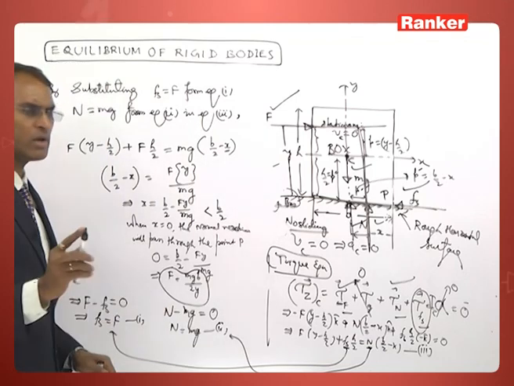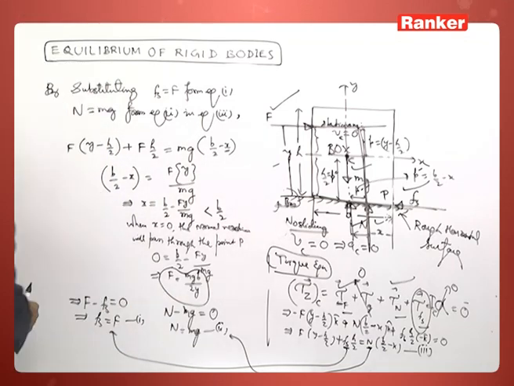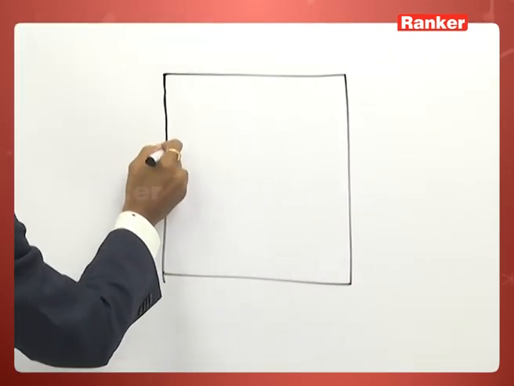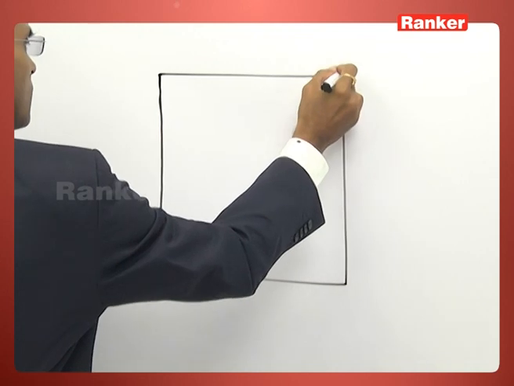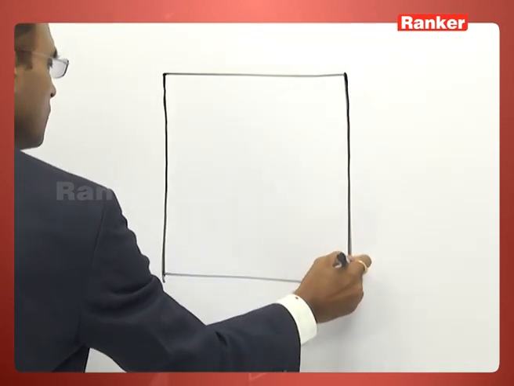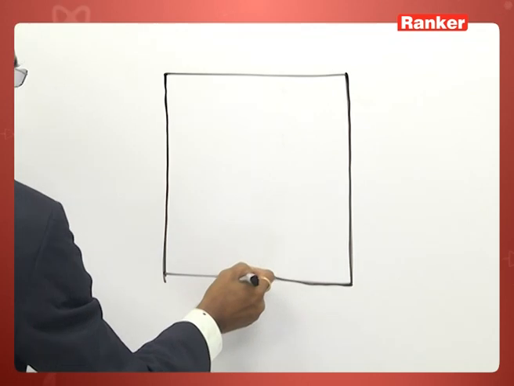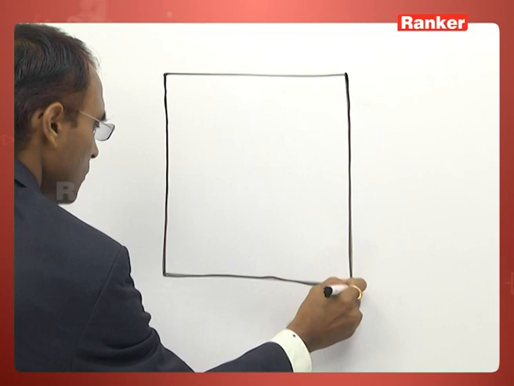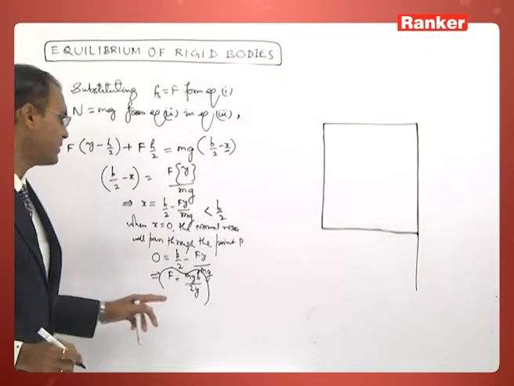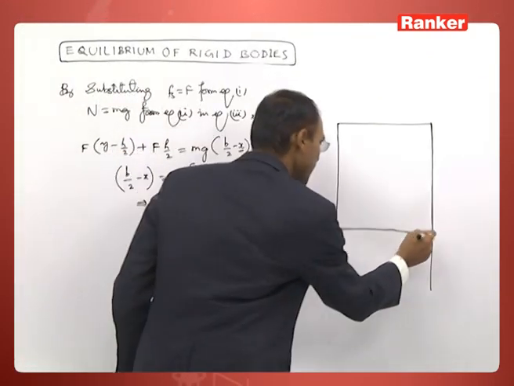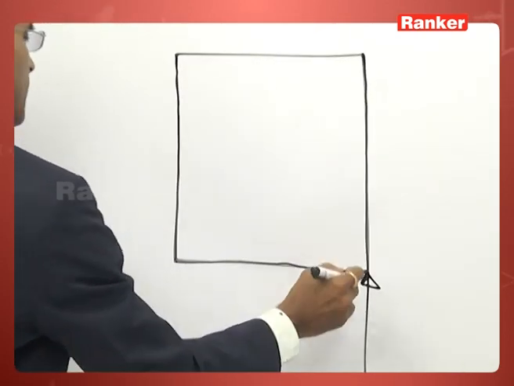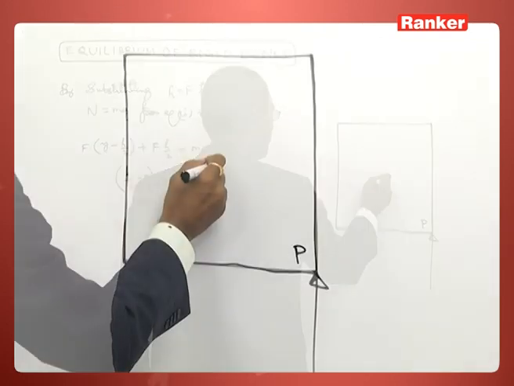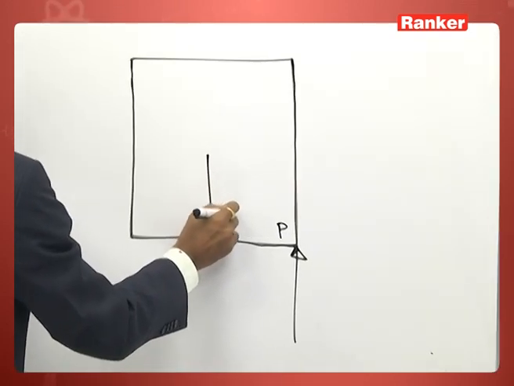In that case, what will happen? Let me discuss. When the normal reaction will pass through the edge P, gravity is always acting at the center of mass.